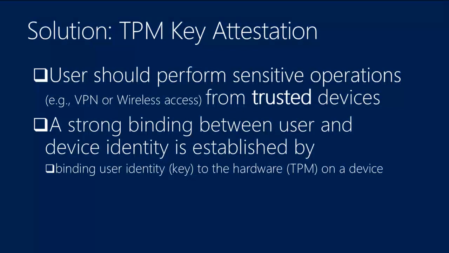Think about the BYOD devices that you have to deal with. You will have this trust anchor in those devices that you would be able to utilize in your policy controls as time progresses. So the idea is we take a certificate that represents the user and bind it to TPM with cryptographically provable functionality.